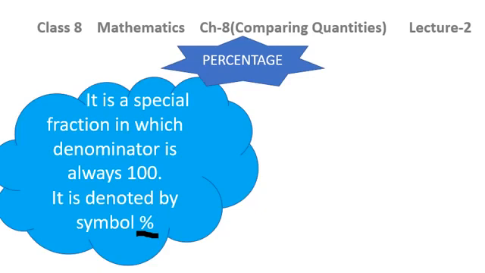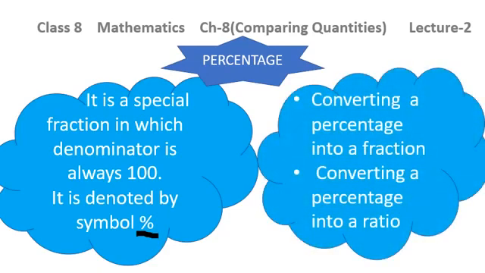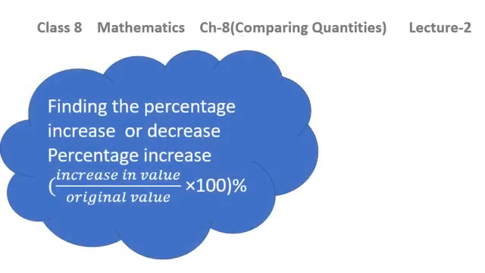Now after this, what have we learned? We have learned how to convert a percentage into a fraction, a percentage into a ratio, a percentage into a decimal, and vice versa, a decimal into a percentage. Then we studied percentage increase or decrease. I told you one formula to find it.